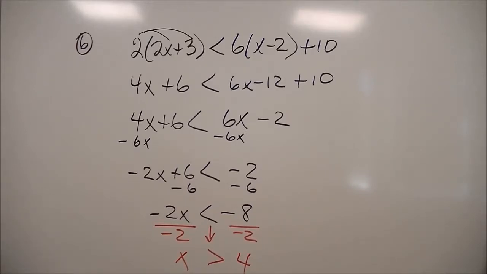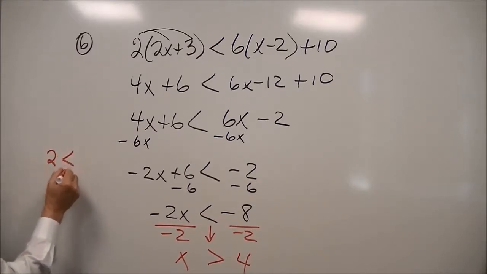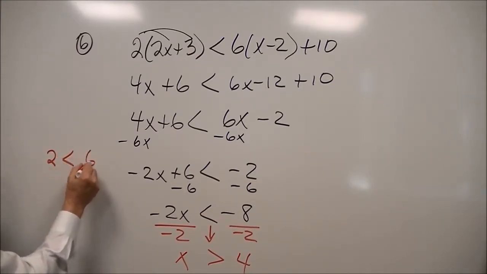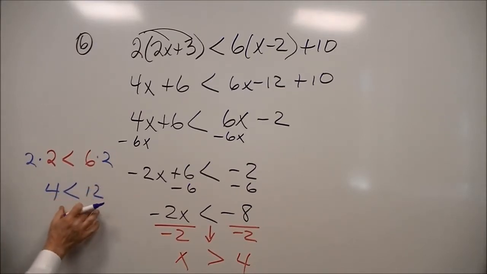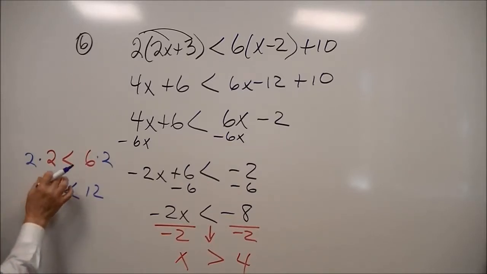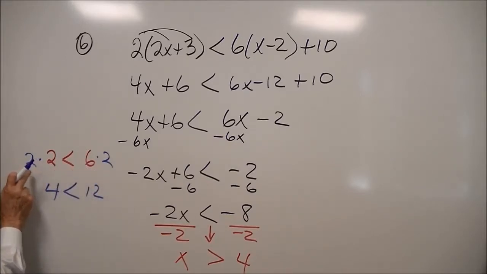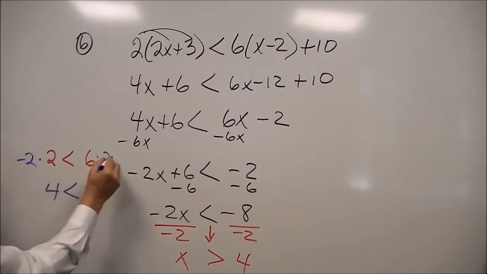The reason for this, and I can show it to you, is if I say 2 is less than 6, we know that's a true statement. If I multiply that 2 by 2, and I do it to both sides, I get 4 is less than 12. And that's true also. But how about if I multiply by -2 instead of a positive 2?